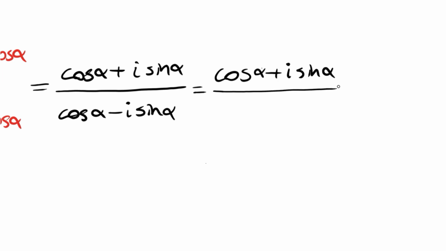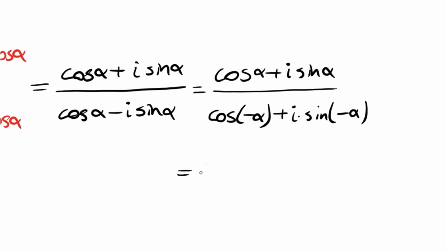In the denominator, we can write this as cos(−α), since cos is an even function, plus i sin(−α), since sine is an odd function. Now, the numerator here is e to the power of i α, and the denominator becomes e to the power of i times negative α.